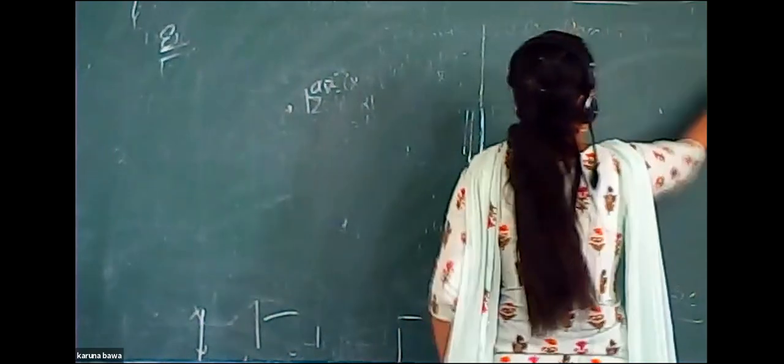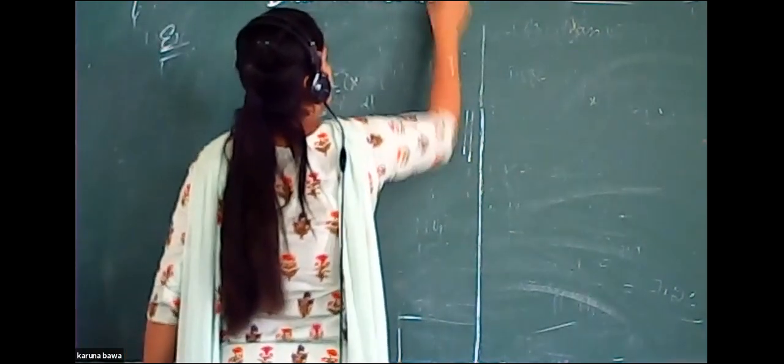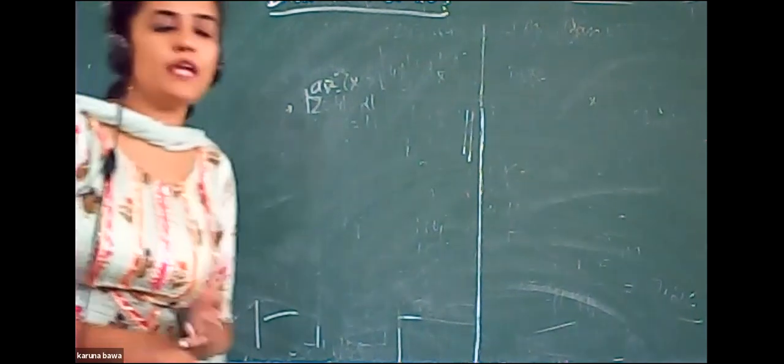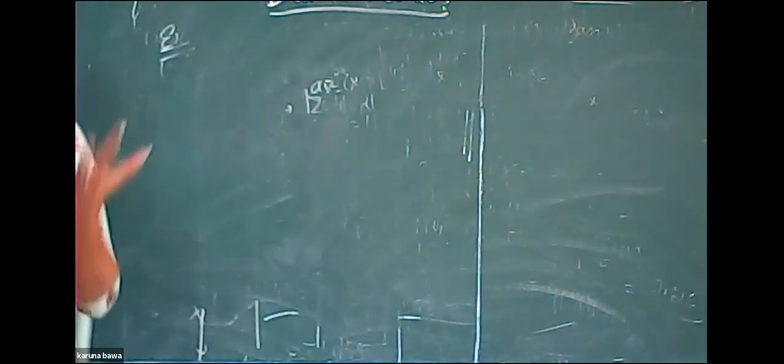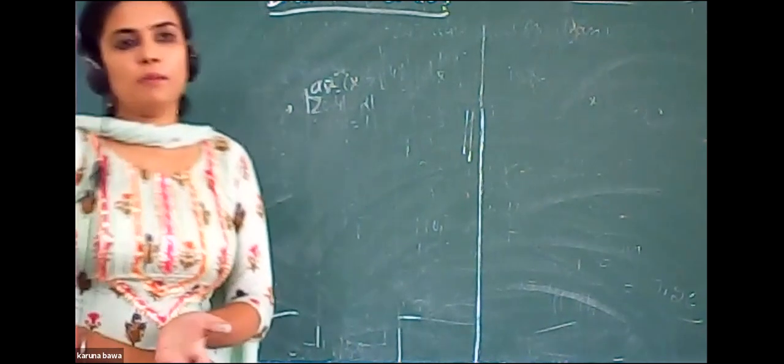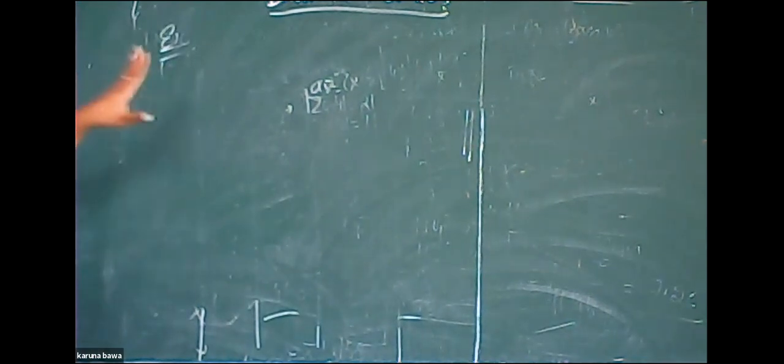First of all, we take the individual series. In the case of an individual series, standard deviation can be computed by applying any of the methods, like the actual mean method and the assumed mean method. So first of all, we take an example with the actual mean method.